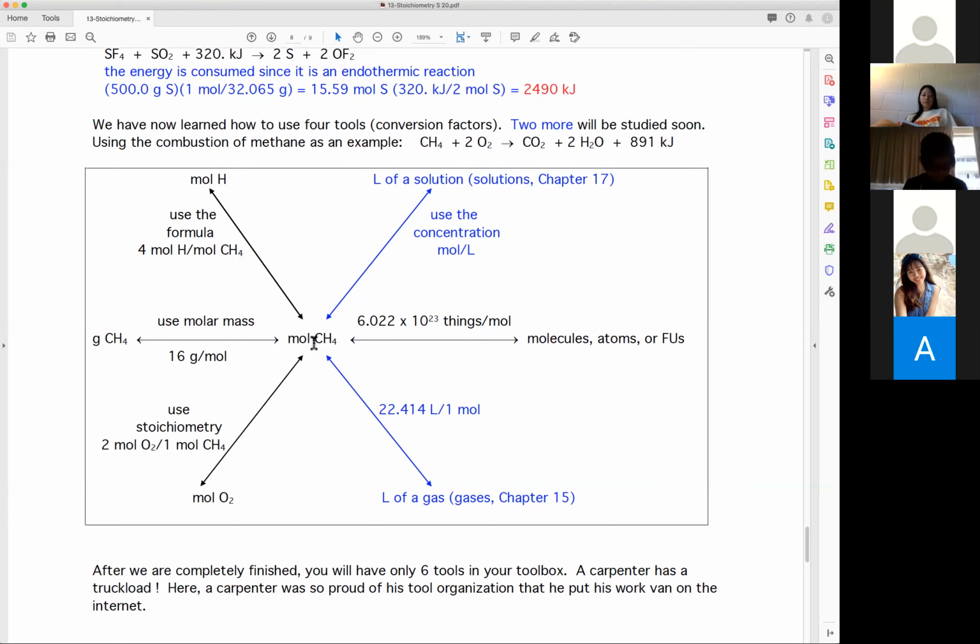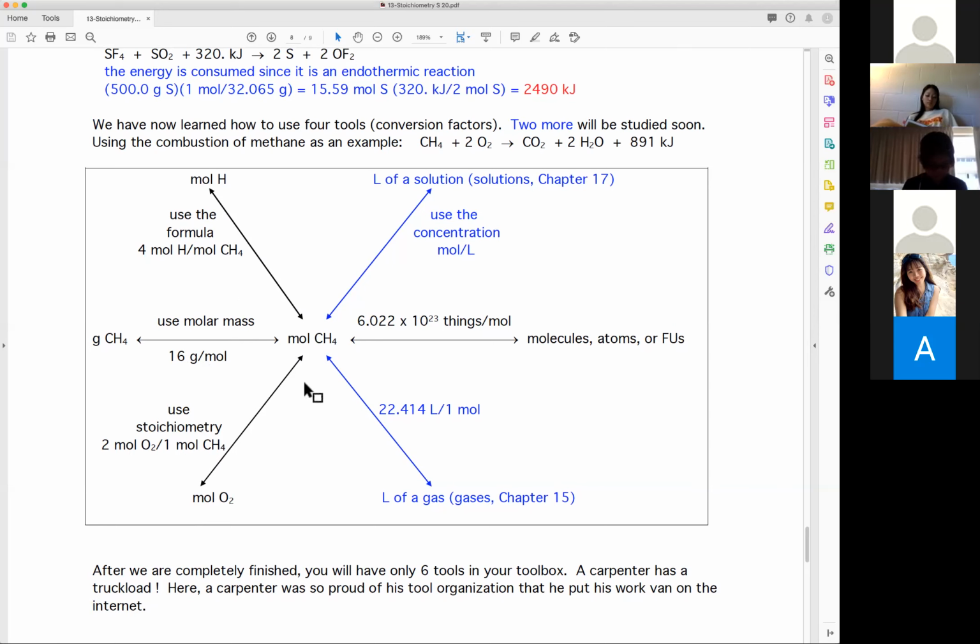And we had learned how to go from moles of something into moles of one of the elements. In other words, using the chemical formula. Those were the three conversion factors that we had at the end of unit 3. Now, we just learned another one, stoichiometry. So now we have four tools in our toolbox.